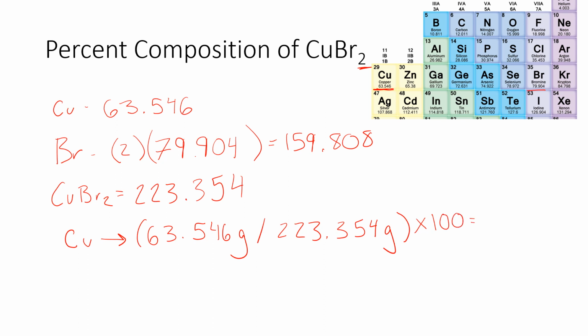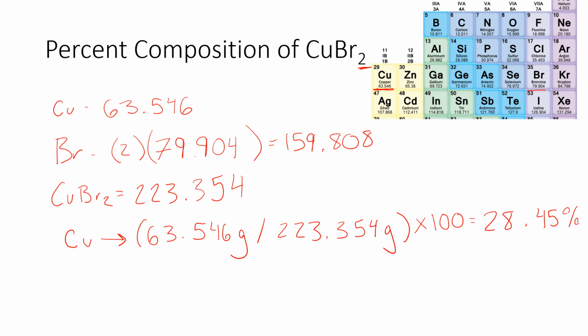So in this case, when we put this into our calculator, we want to be careful when we're doing this. In this case, 63.546 divided by 223.354 times 100, and we would get 28.45%.